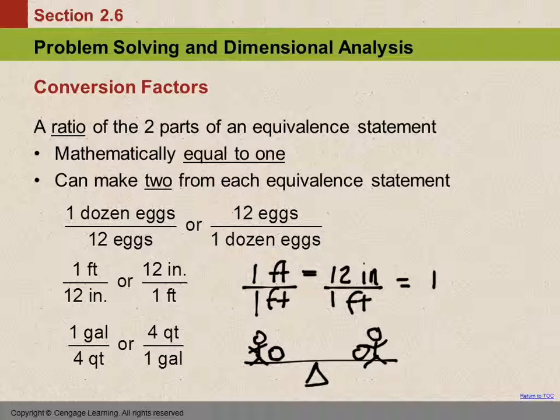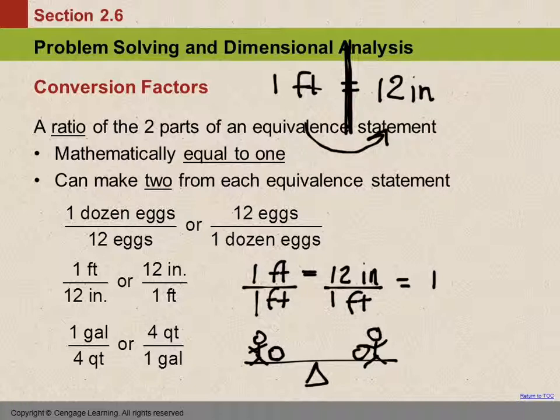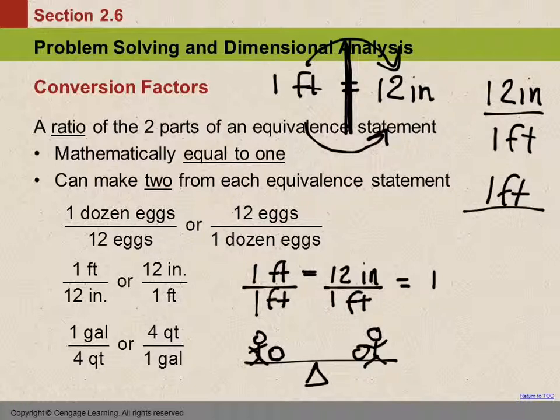So another way to think about this, if we look at the 1 foot, I wrote the right thing at least. 1 foot equals 12 inches. If you imagine that this is the fraction line, okay, and you can tip it this way and end up with 12 inches over 1 foot, or you can tip it this way and end up with 1 foot over 12 inches.